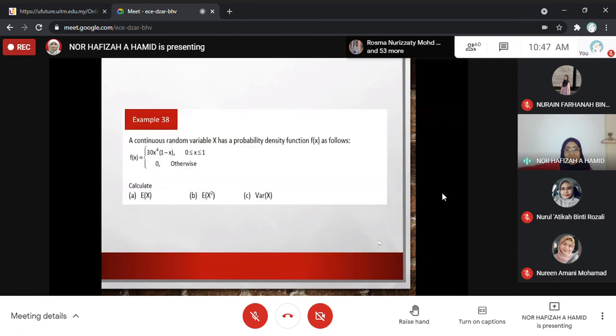To calculate variance, the formula is E(X squared) minus E(X) squared. The variance formula for continuous is the same as for discrete.